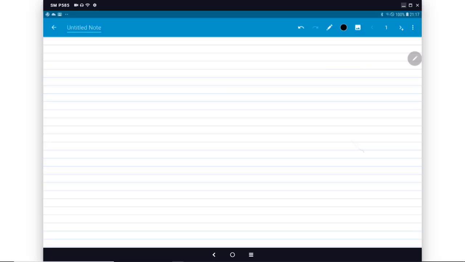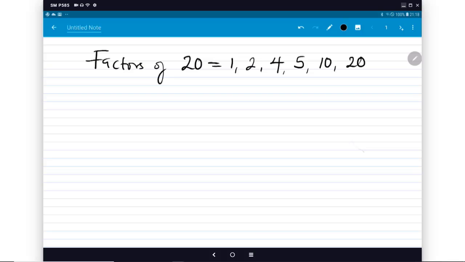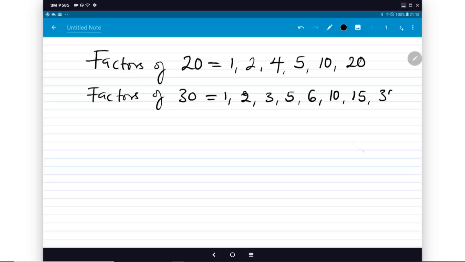So for instance, the factors of 20 are 1, 2, 4, 5, 10, and 20. Factors of 30 are 1, 2, 3, 5, 6, 10, 15, and 30.